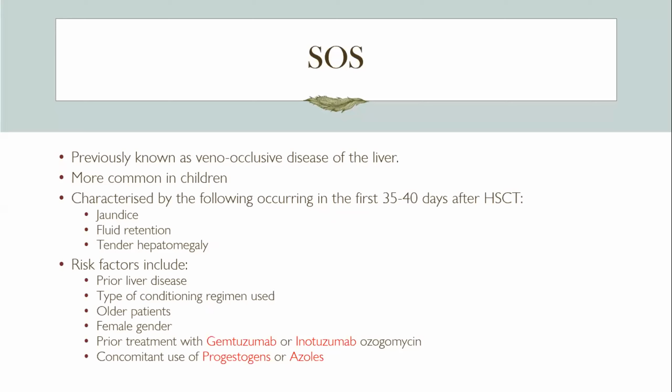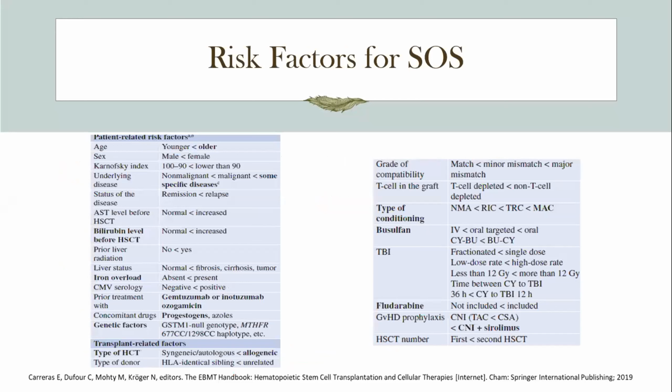Others are older patients, female gender, the use of gemtuzumab ozogamicin or inotuzumab ozogamicin, and concomitant use of progestogens or azoles such as posaconazole or voriconazole. This is adapted from the EBMT, and these are the risk factors, including older age, the use of gemtuzumab, and transplant-related ones such as myeloablative conditioning regimens and the use of busulfan, giving you a higher risk of SOS.